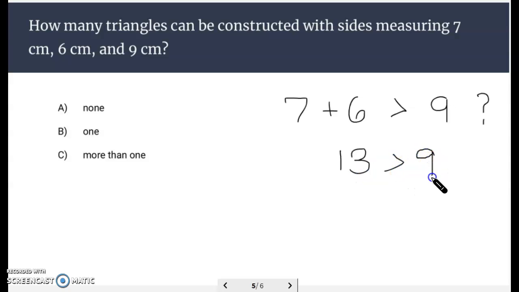It is true that 13 is greater than 9. So that means exactly one triangle could be constructed given this scenario. We don't really know anything about the angle measures, but we do know about the sides, and we can say for sure at least one triangle can be constructed with these sides.